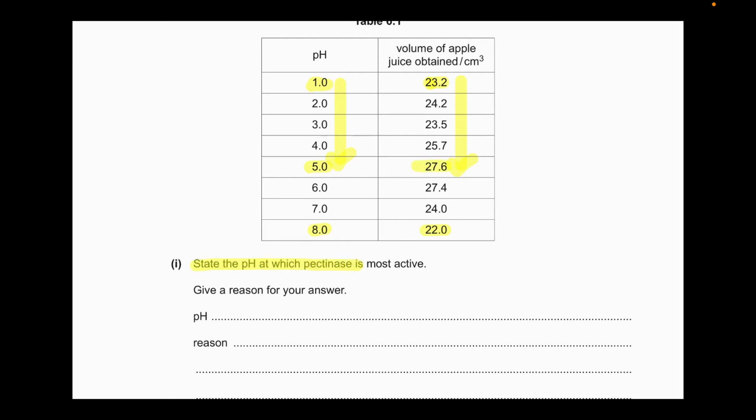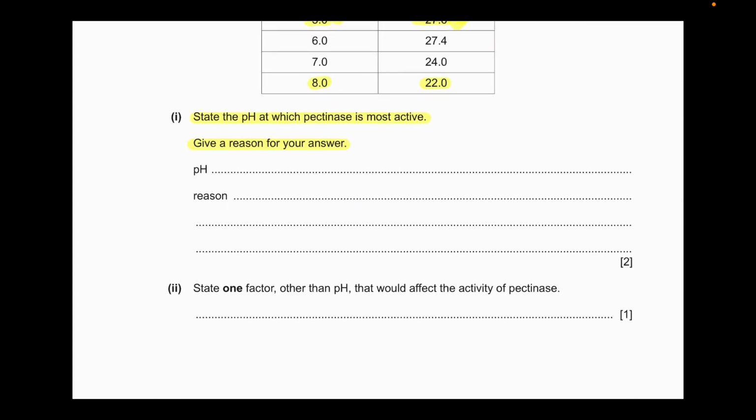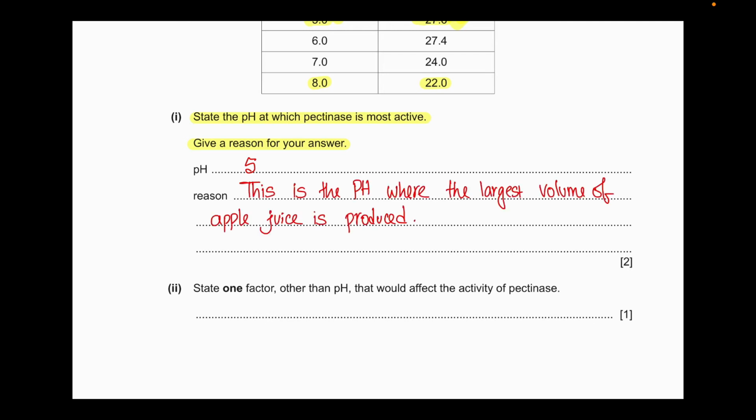State the pH at which pectinase is most active. Give a reason for your answer. So guys, we can definitely conclude that at pH 5 we are seeing the best activity. Now the reason is that this is the pH where the largest volume of apple juice is produced. Okay, next question. State one factor other than pH that would affect the activity of pectinase.